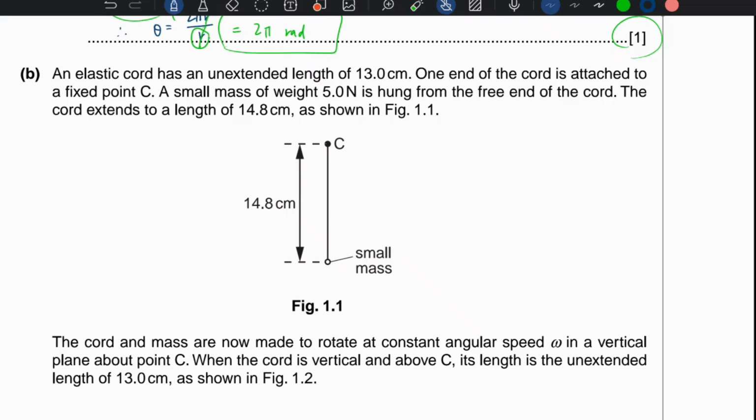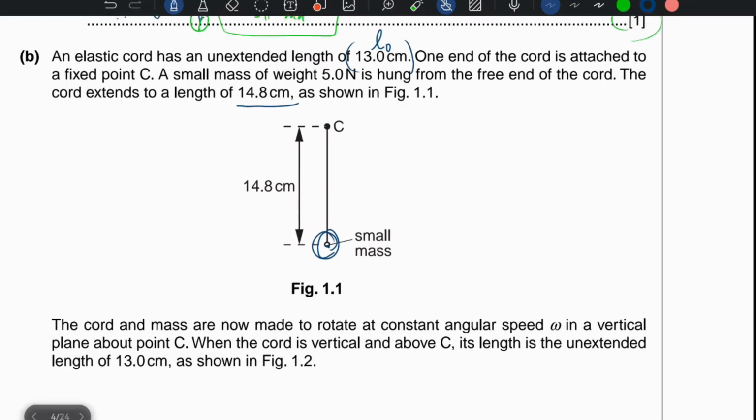So when this small mass of weight 5 Newton is hung from the free end, the cord extends. The original length of the cord is 13 cm, and the extended length when the mass hangs freely at this point is 14.8 cm.